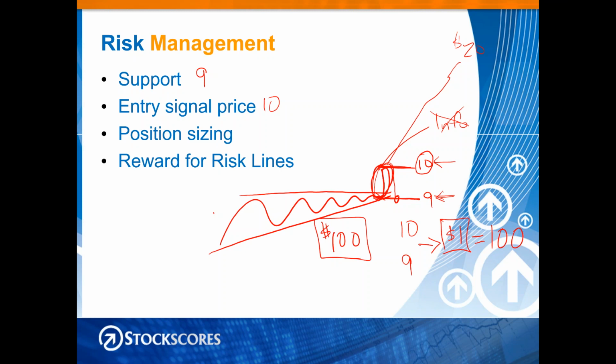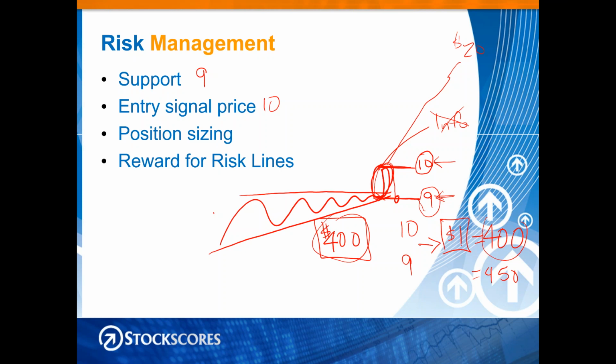If you're willing to lose $400, then you buy 400 shares. Now we have to understand that we maybe won't get out at exactly $9. It could fall below that a little bit. So our $400 of risk in this situation could easily turn into a $450 loss because there's a little bit of slippage and there are commissions. But the basic concept is that we can plan our losses for something close to what our risk tolerance is.